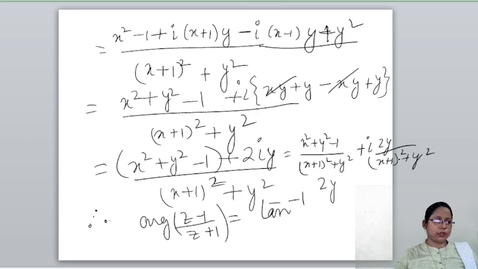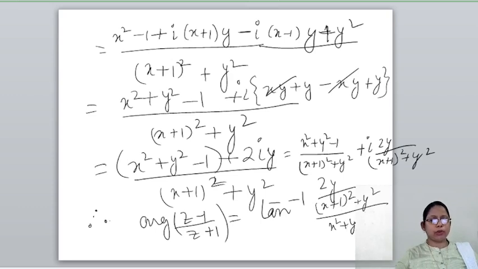So my y part is 2y by ((x plus 1) whole square plus y square), divided by the x part, that is (x square plus y square minus 1) by ((x plus 1) whole square plus y square).